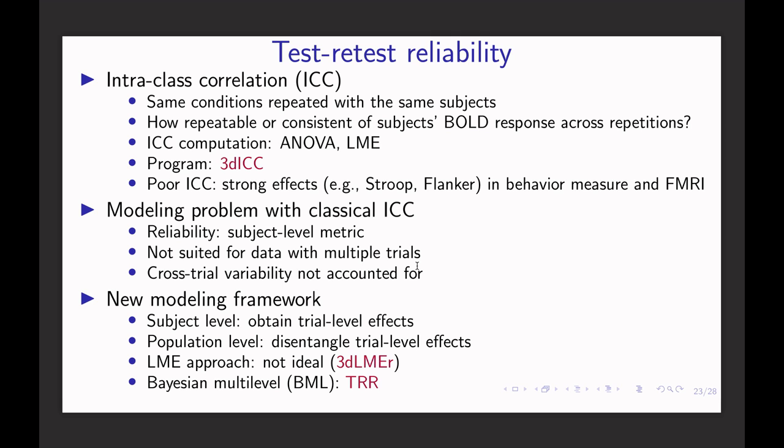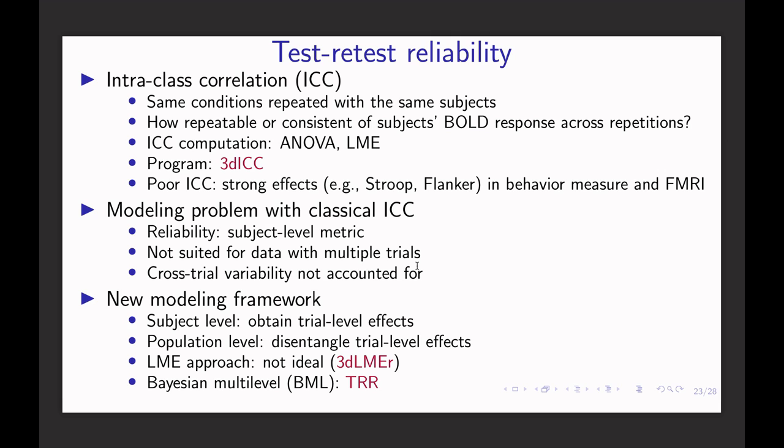So, for example, subject A may respond stronger than the population average during the first round. So, if the effect is reliable, we would expect during the second round that subject A would also respond higher than the population average. On the other hand, another subject B, during the first round, suppose this subject responded lower than the population average.